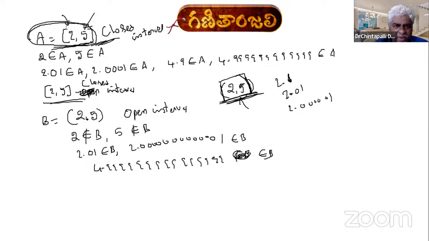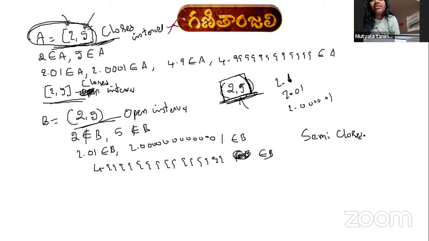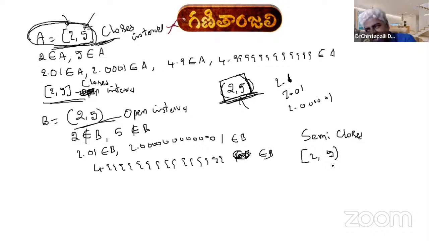It is called open interval. There are some intervals, semi-closed. The first one will be closed and the second one will be open, sir. Including 2, excluding 5. It is semi-closed.